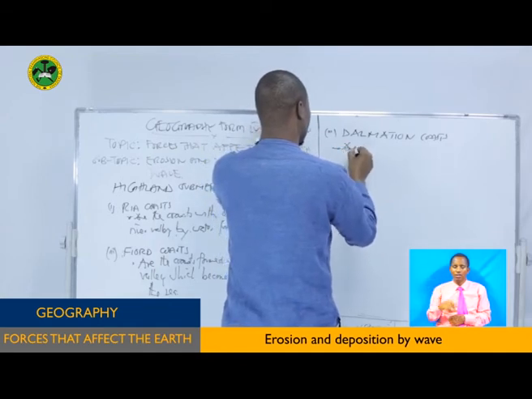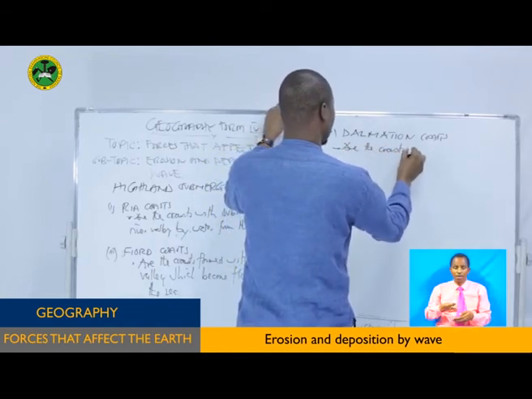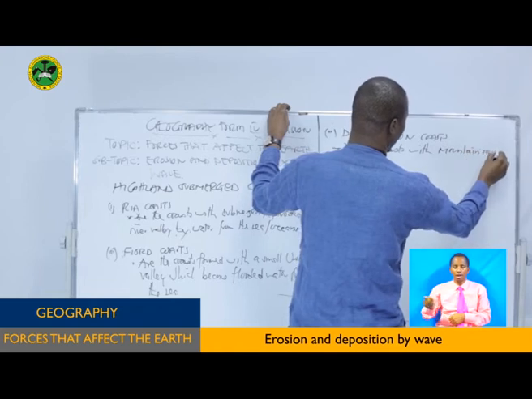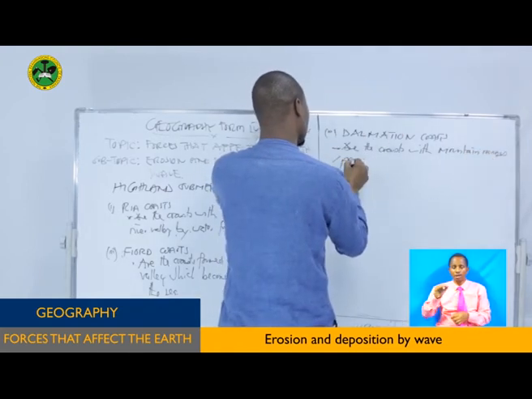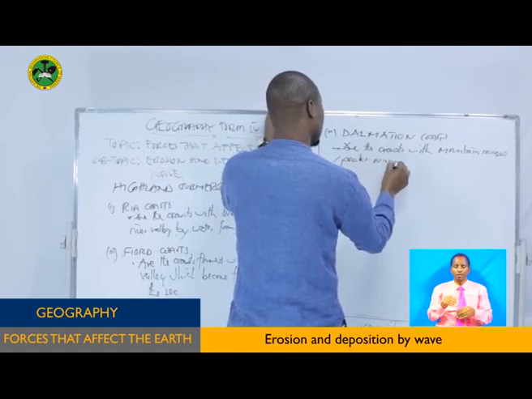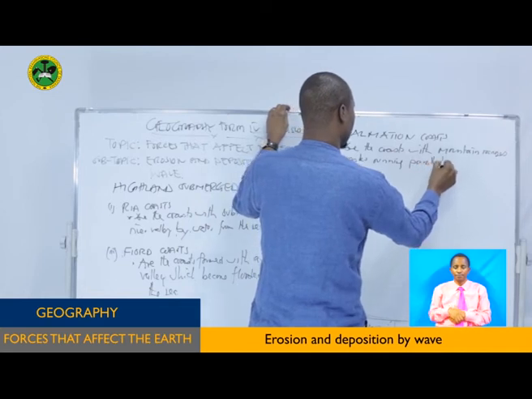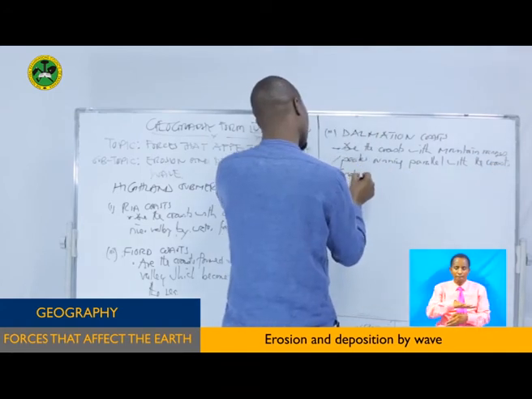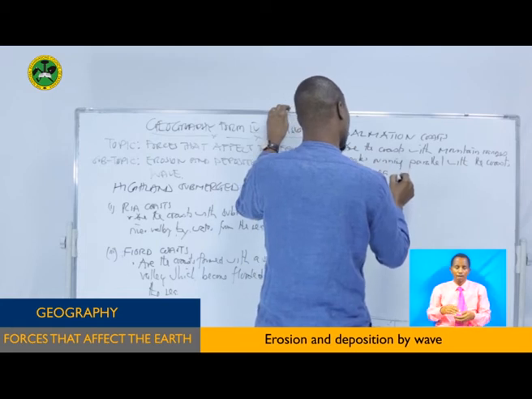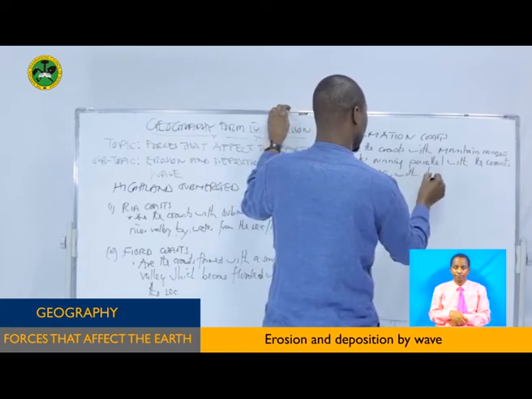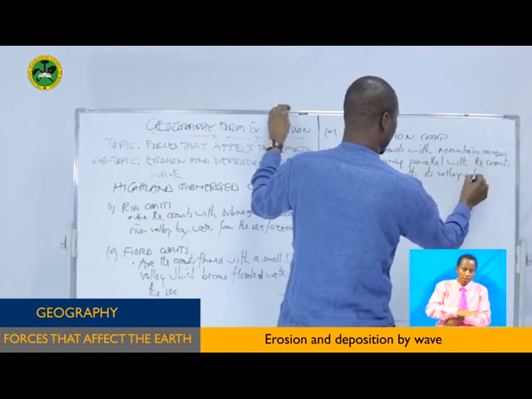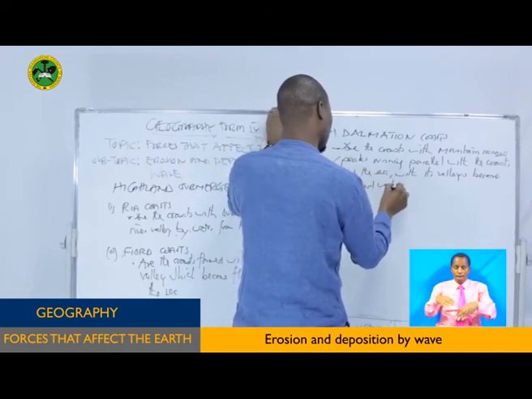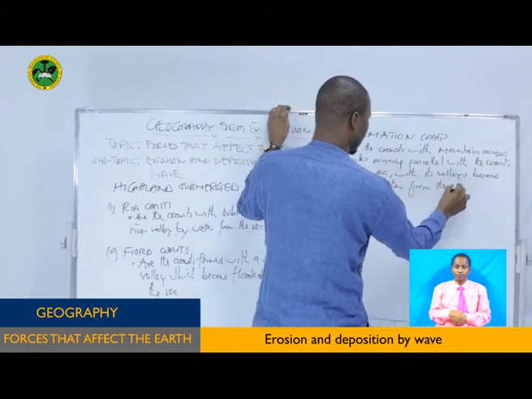Dalmatian coast means a coast with mountain ranges or peaks running parallel with the coast and the sea, with its valleys becoming flooded by water from the sea.